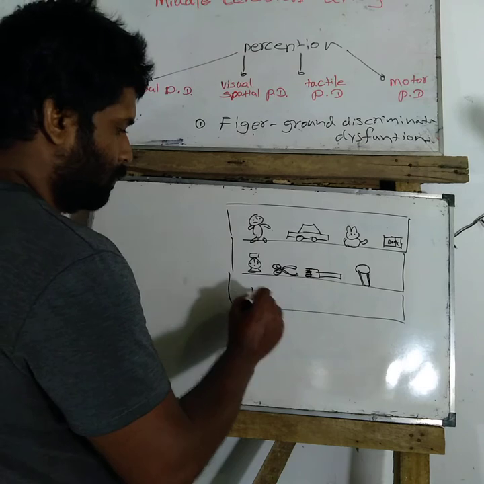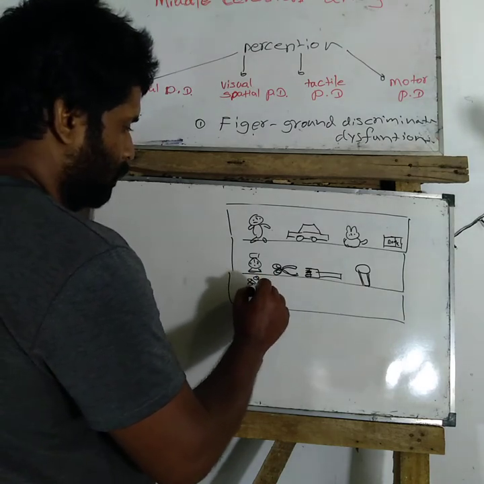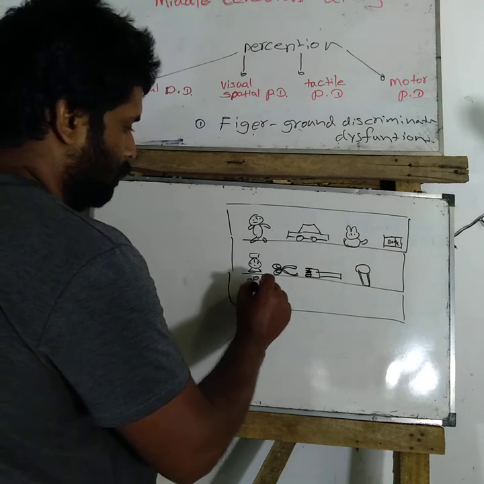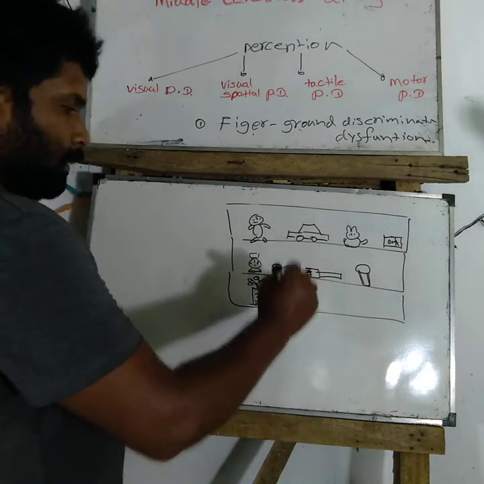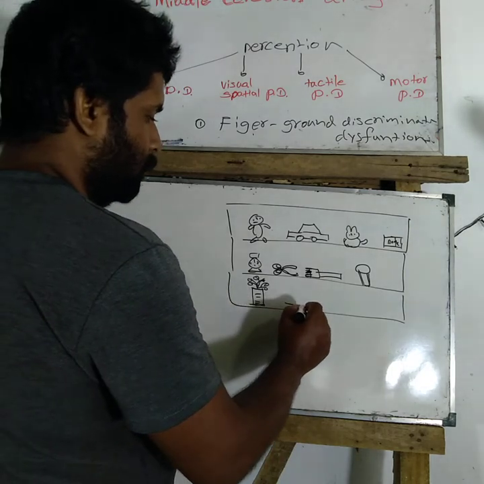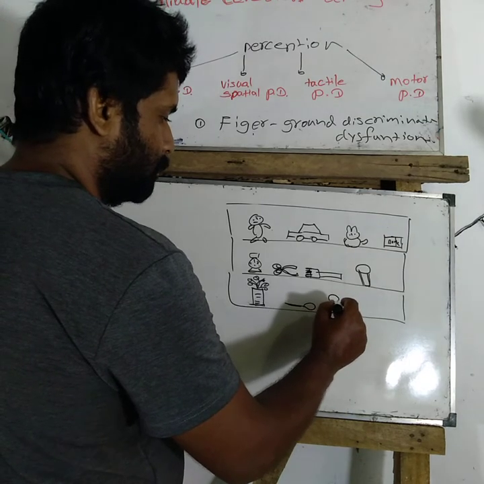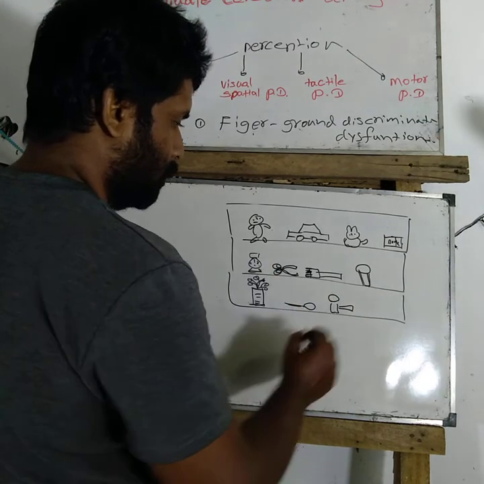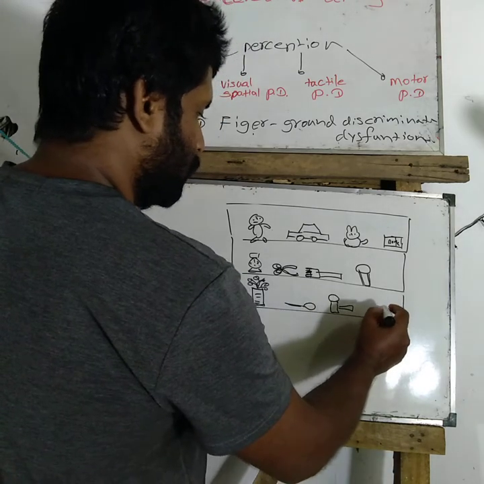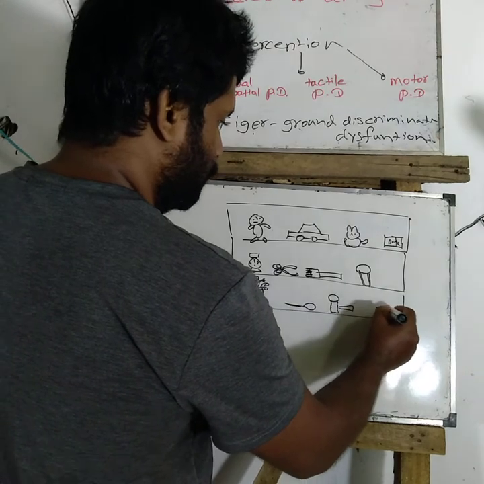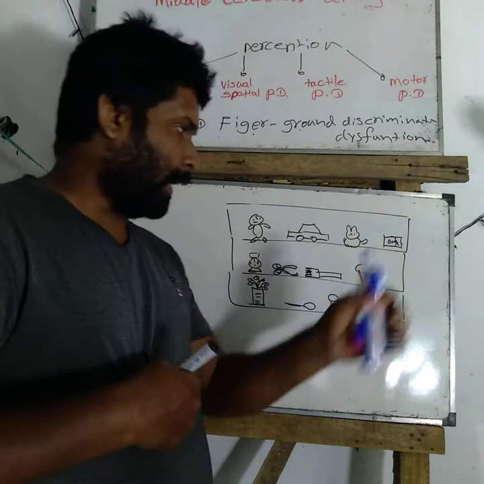This is the flower bouquet-like vase. This is the spoon, and this is the hammer. This is the cup. A lot of items there.